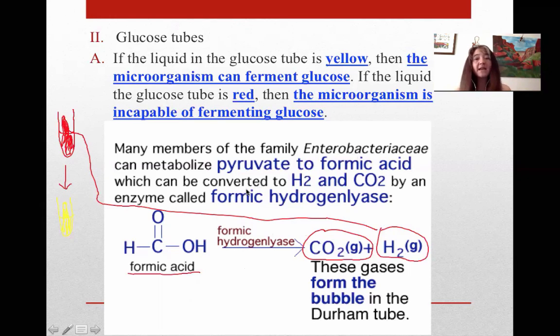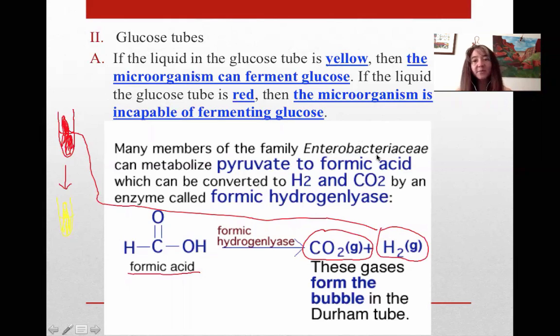So E. coli makes a lot of gas. It is a super gassy bacterium, whereas Shigella dysenteriae is not gassy. So even though we can see fermentation of glucose in some more pathogenic organisms, we will not see the formation of the gas. And that can be a very distinguishing feature for differentiating Enterobacteriaceae.